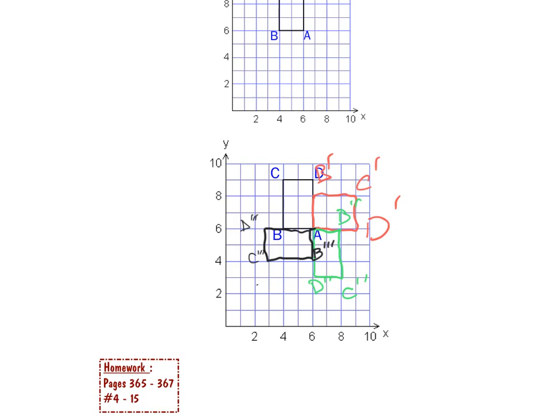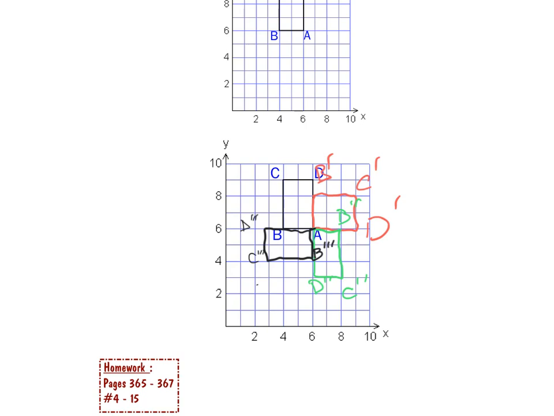And then I would move the rest of the shape around, and you can see it rotate. And you can do the 90, you can do the 180, you can do the 270. And as soon as you visualize what those are, then you can go ahead and record what they are on a piece of grid paper like we have here. Okay?